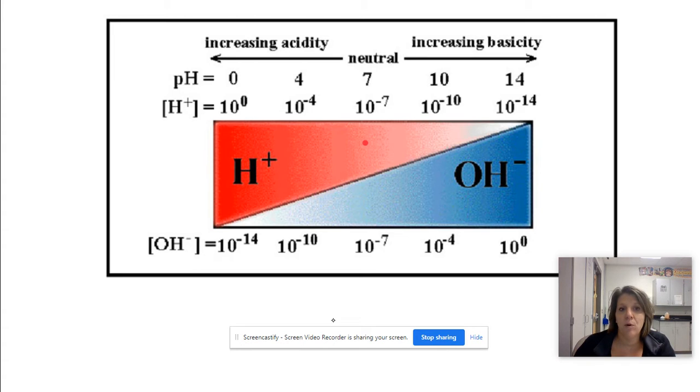As something becomes more acidic, the amount of hydrogen ions increases, but at the same time, the hydroxide ions decrease. If something becomes more basic, the hydroxide ions increase, but the hydrogen ions decrease, okay? So there's this directly inverse relationship in any solution between the amount of hydrogen ions and the amount of hydroxide ions.